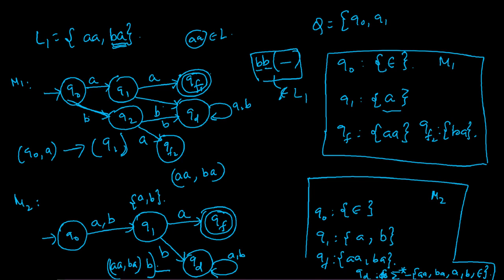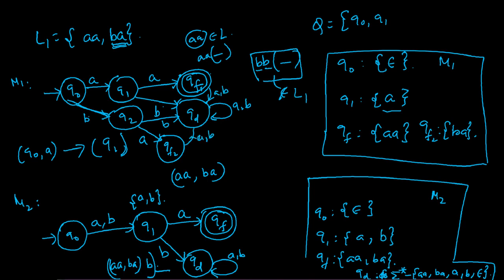After AA, if you see anything, the length of the string would become 3, and whatever comes afterwards, the length would be 4, 5 and so on. That is not acceptable in L1. It means that whatever symbol you see at the final state, that has to go to the dead state.